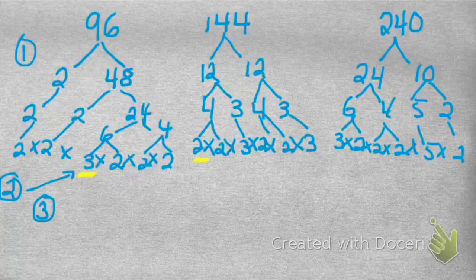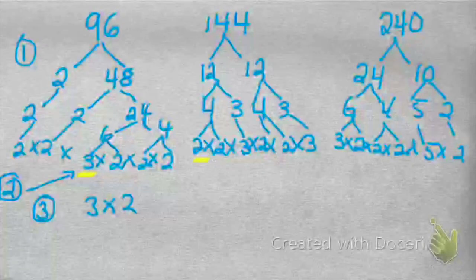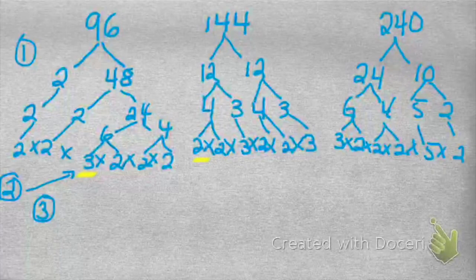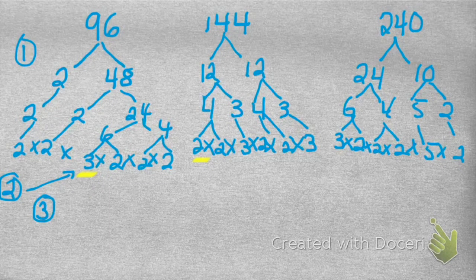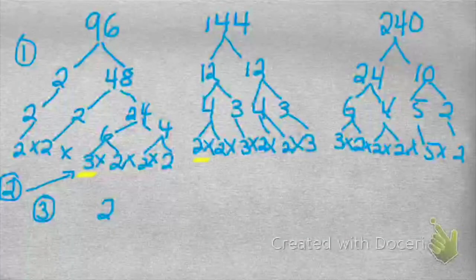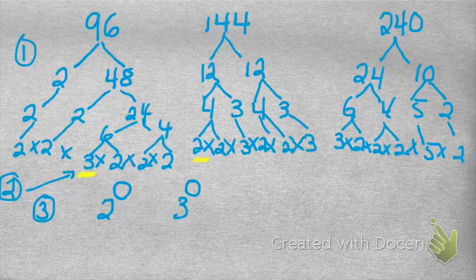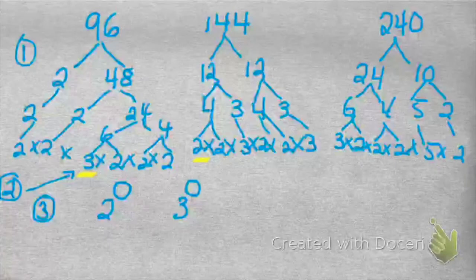I would assume that you would think that I would just do 3 times 2. But that's not the case. And this is the best way that I can think of explaining it over the years to students. Even though it's called the greatest common factor, you're actually going to find the common prime factors, which in our case are 2 and 3, and in the exponent of the 2 and the 3 you put the least amount of times that you see them in a tree.